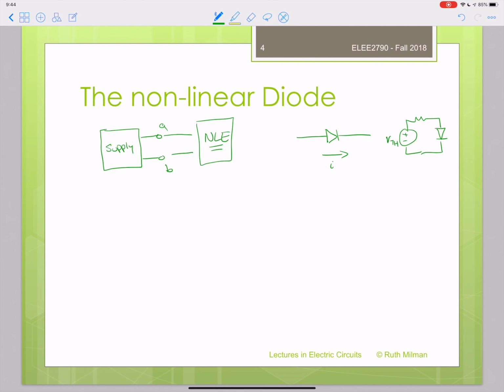That's pretty straightforward. We have an equivalent resistance and we have a Thevenin voltage. If we short-circuited it, we know that the current would go in this way. The diode will allow that, but you have to understand that the diode will also have current voltage characteristics. So let's consider the diode, and then we'll see what happens when we place it into a circuit.